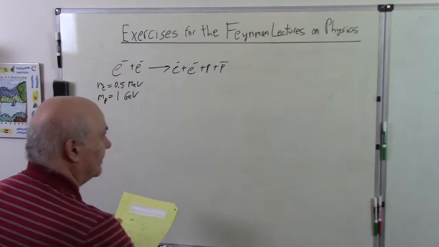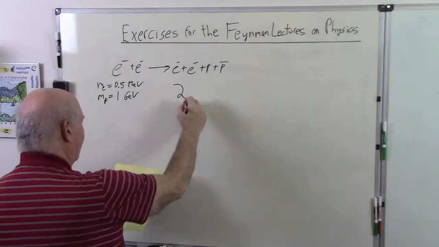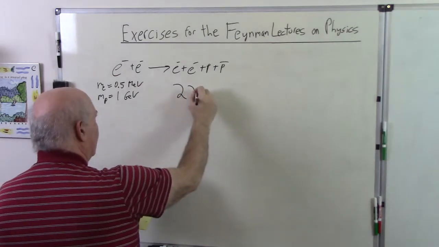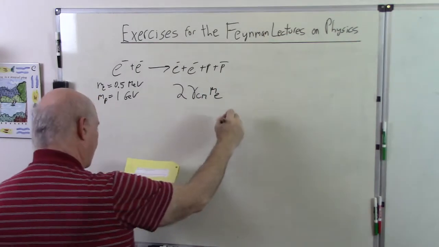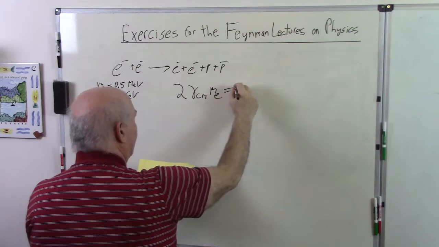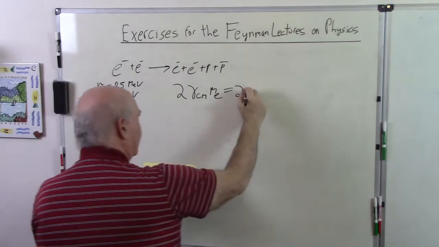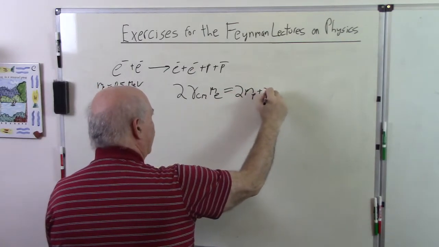Okay, so it's almost exactly the same equations as we just had. 2 gamma CM me is equal to 2 mp plus 2 me.